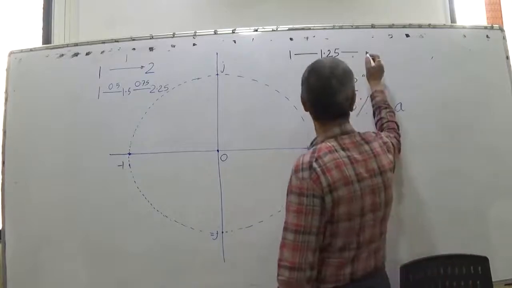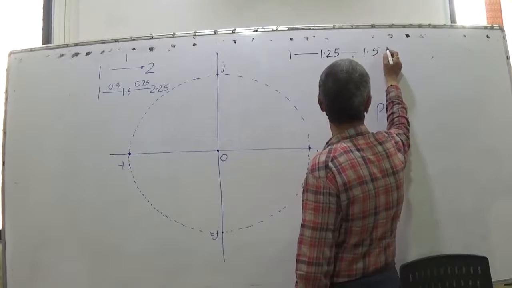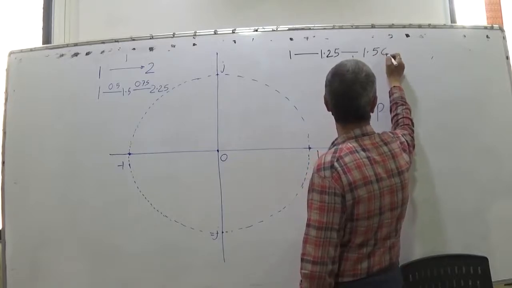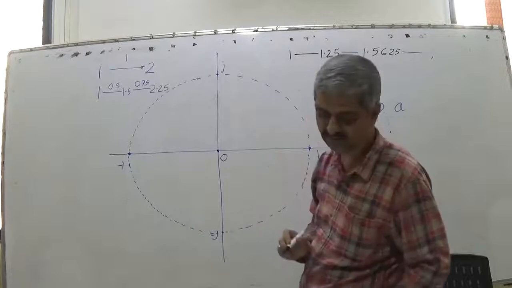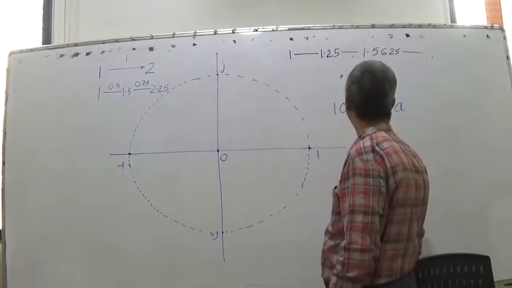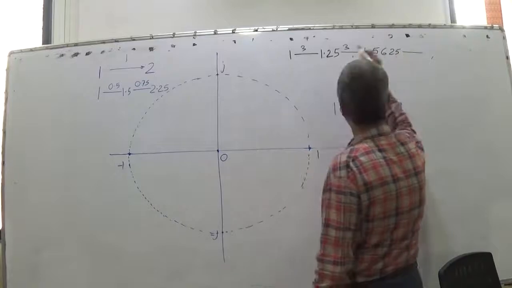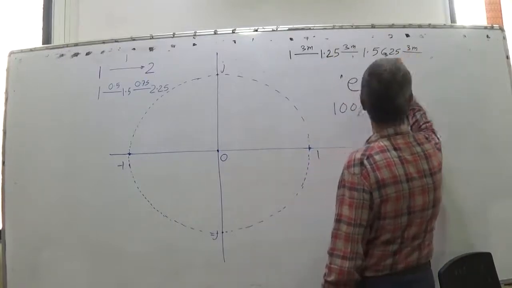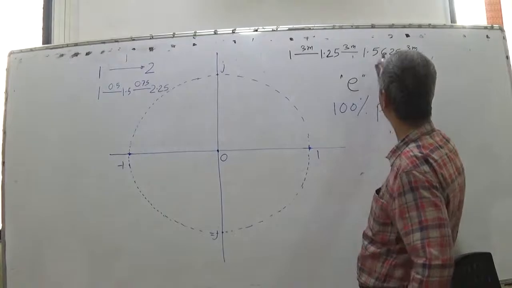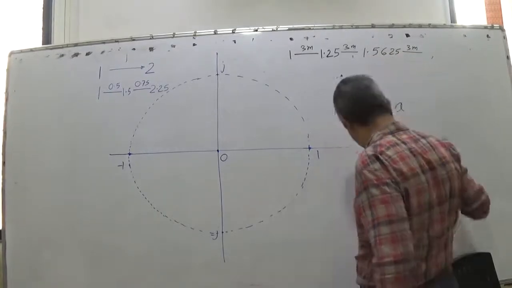To be very precise, it would be 1.5625. After further 3 months, how much would it be? In 1.5625, approximately 0.39 will be added.